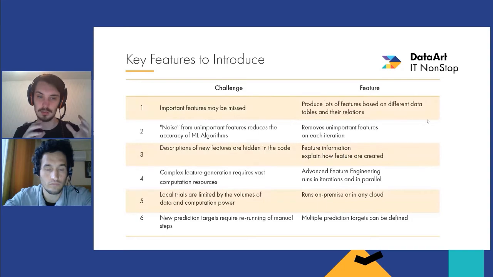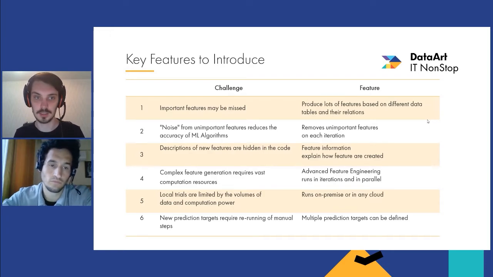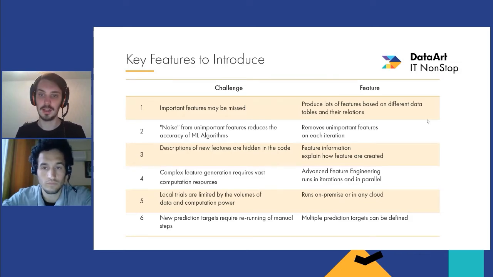So we started thinking of the challenges we faced previously, which Vlad was already describing earlier today. And we thought of features which we need to implement that can improve and solve the challenges on the left side of the table.